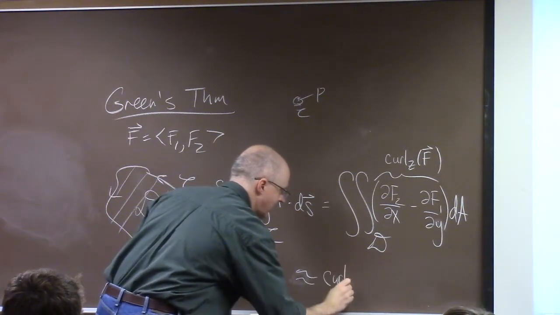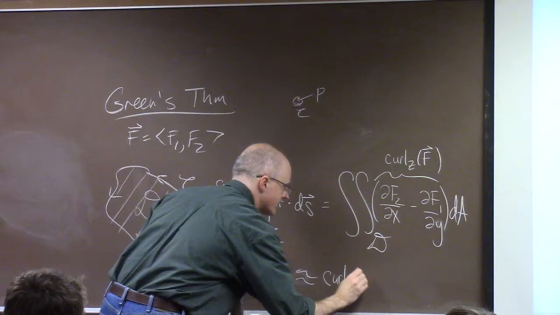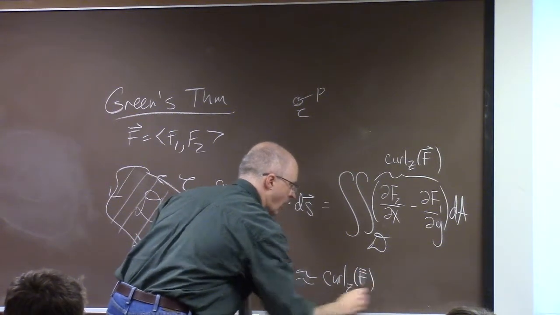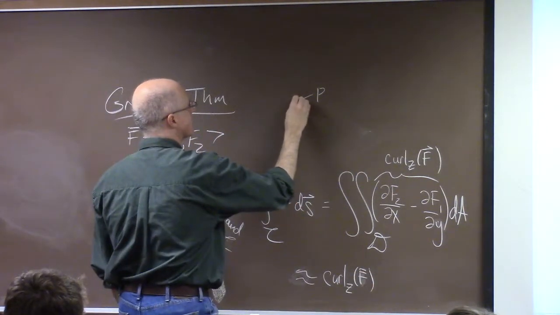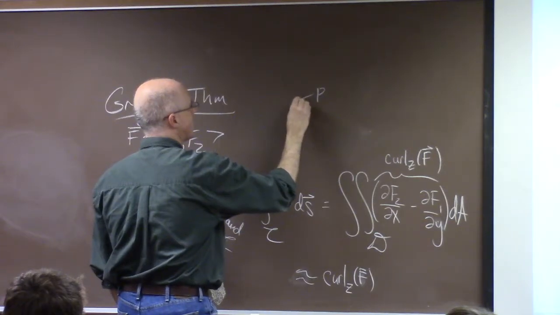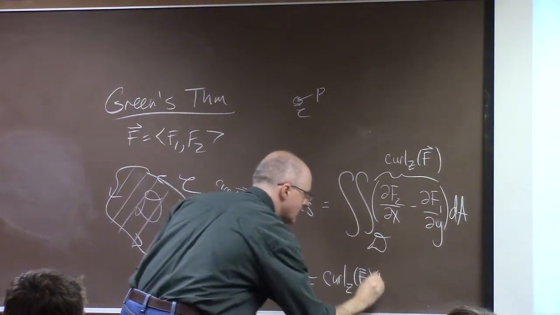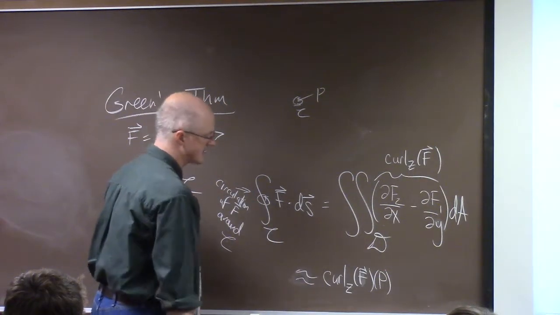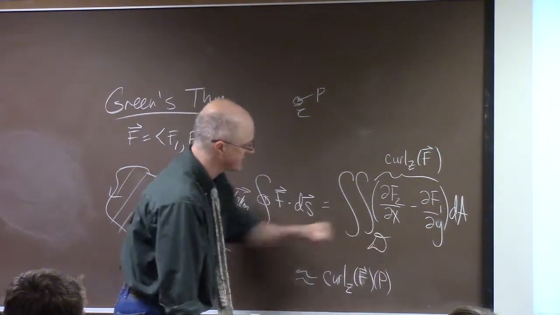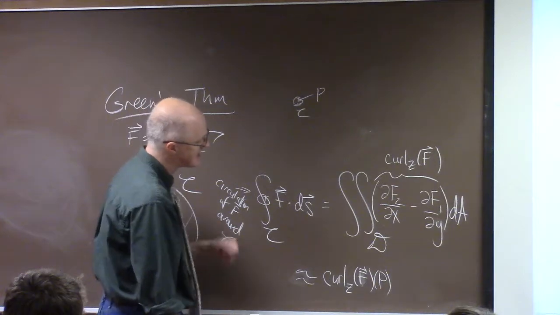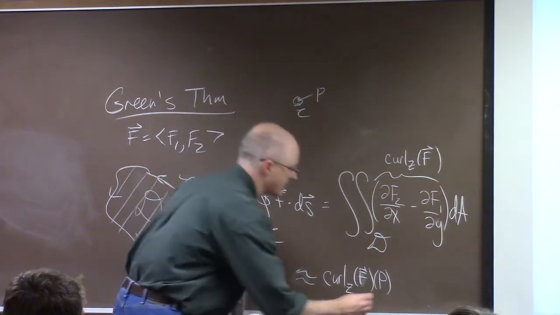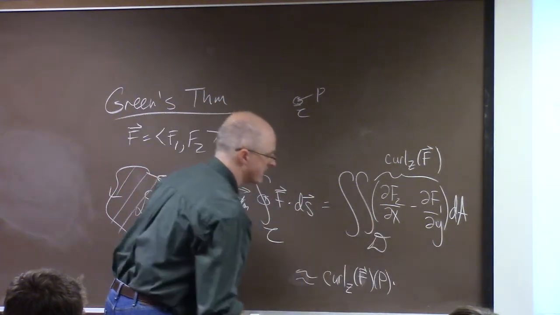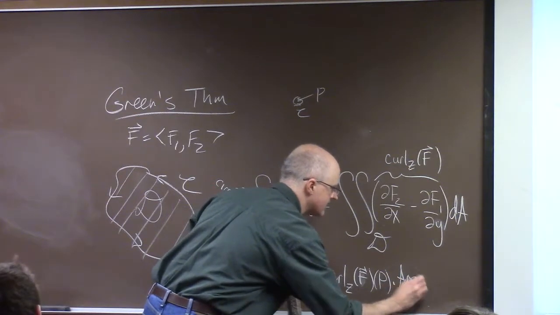I'm pretending it's constant over this domain here. P is this one point in that domain. If the domain is really small, because the scalar curl is continuous, I'm assuming these partial derivatives are continuous, this is going to be a good approximation. Times the double integral of 1, which is going to be the area of D.